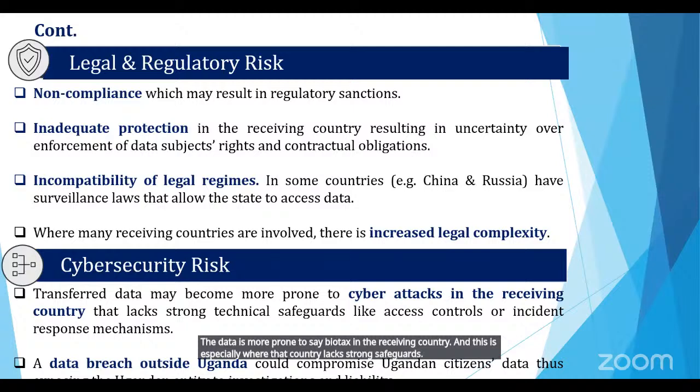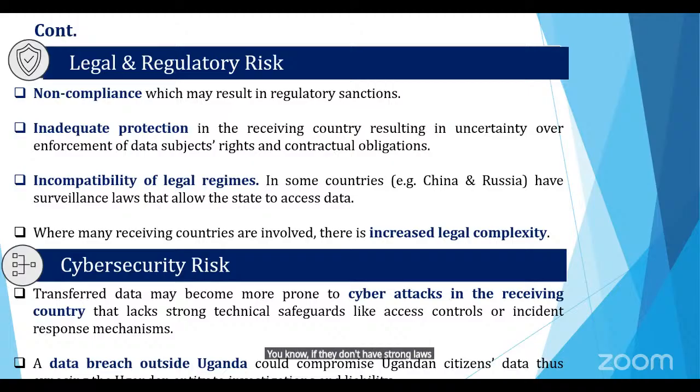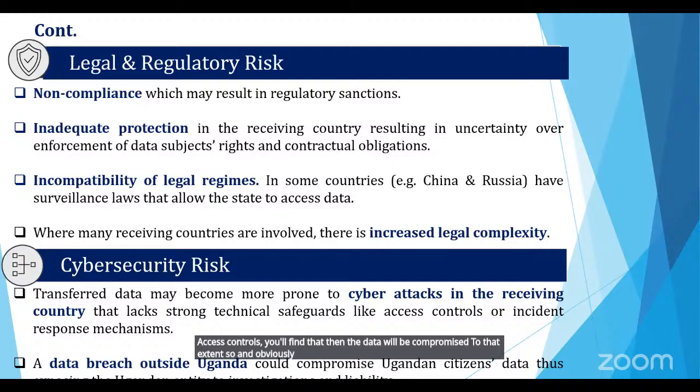If they don't have strong laws that provide for incident reporting, access controls, you'll find that then the data will be compromised to that extent. And obviously, if the breach of data occurs outside Uganda, it will compromise the citizens here and expose your entity to investigations and liability.